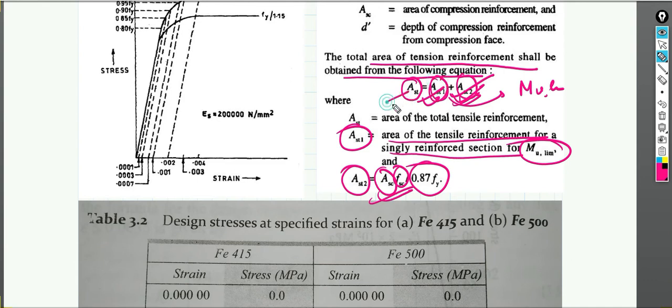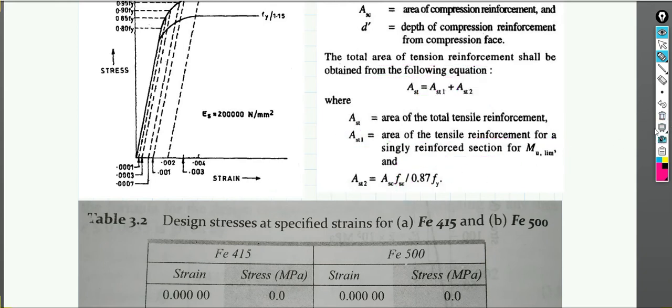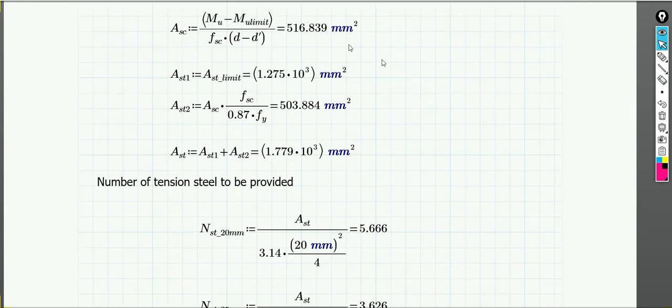AST1 is here, then you can find out AST. So this is how you have to find out the AST2. AST2 is equal to ASC into FSC divided by 0.87 Fy. Now let's do our calculations. Here ASC is Mu minus Mu limit by FSC into d minus d dash, just the equation that we have got.